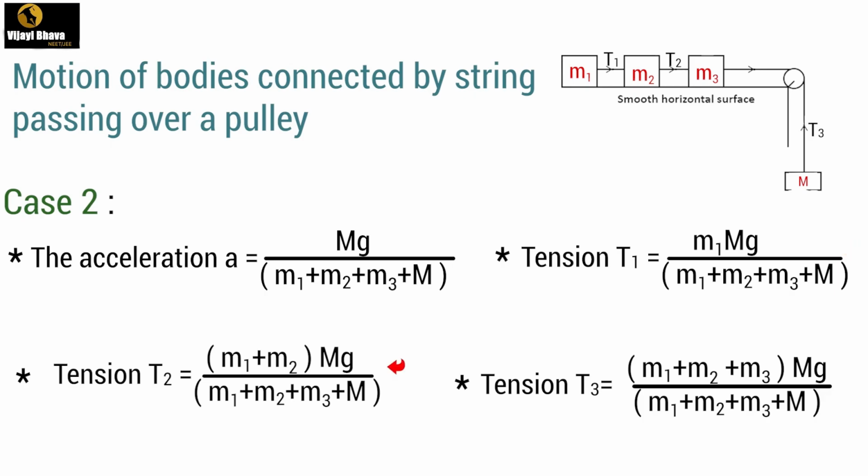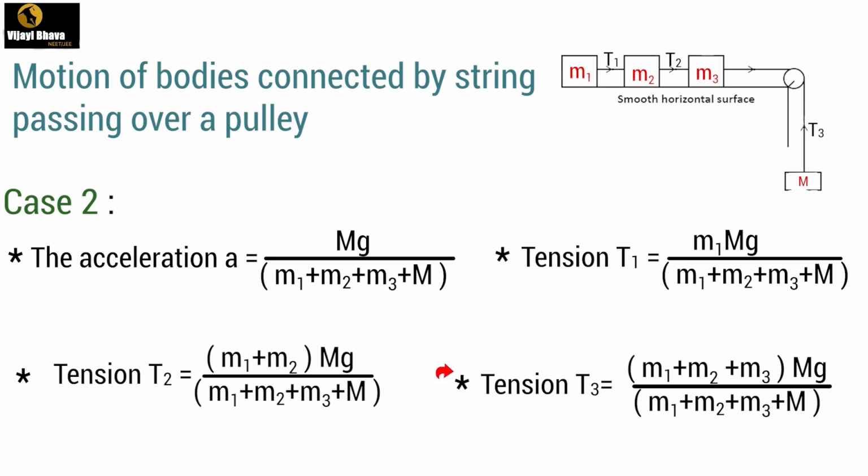Tension T2 is given by (m1 plus m2) into Mg by (m1 plus m2 plus m3 plus M). Finally, the tension T3 is given by (m1 plus m2 plus m3) into Mg by (m1 plus m2 plus m3 plus M).